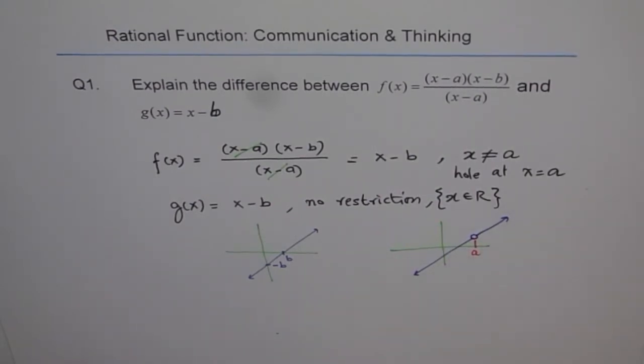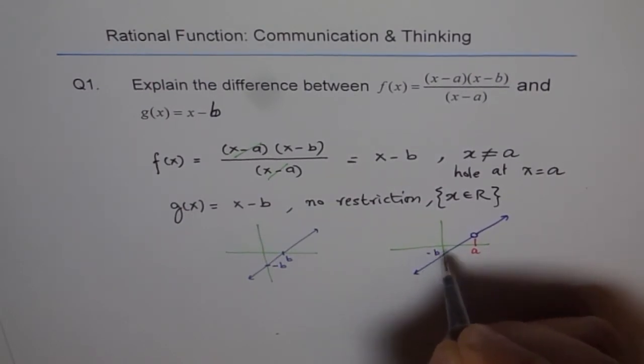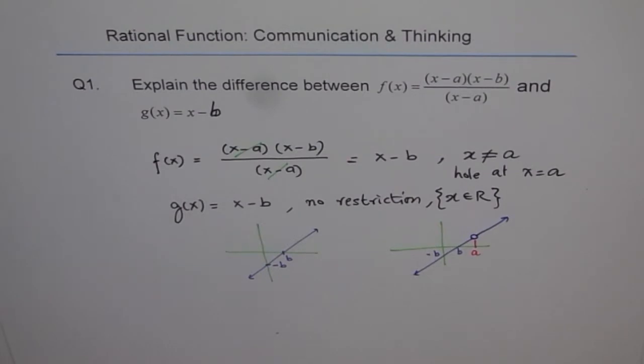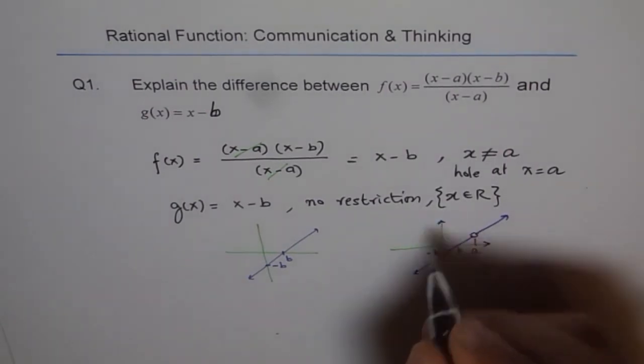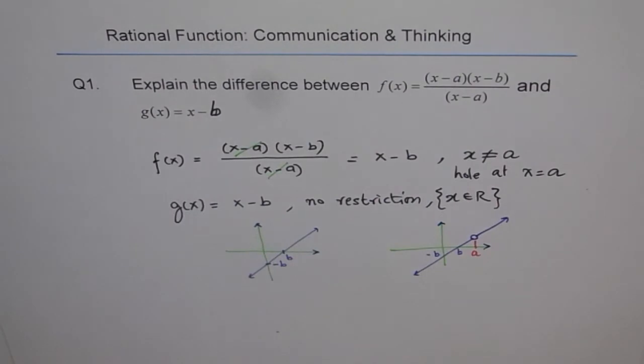Those values will be the same, otherwise it is the same as x minus b. Do you see that? So that is a major difference. That is the difference between the two functions. So g of x is a continuous function, whereas f of x has a discontinuity, and the type of discontinuity is a hole at x equals a, correct?